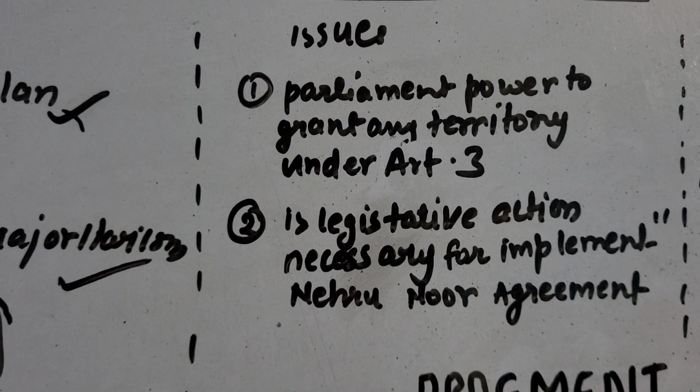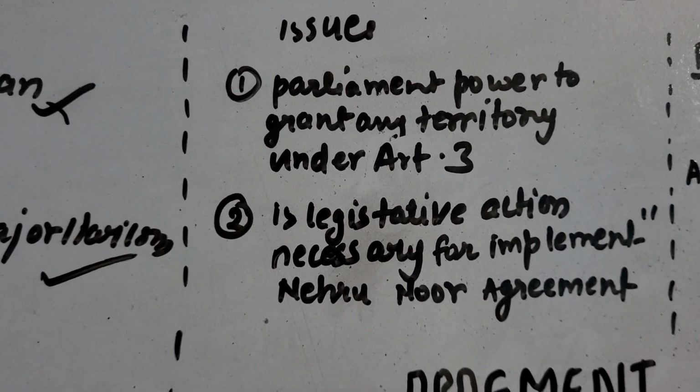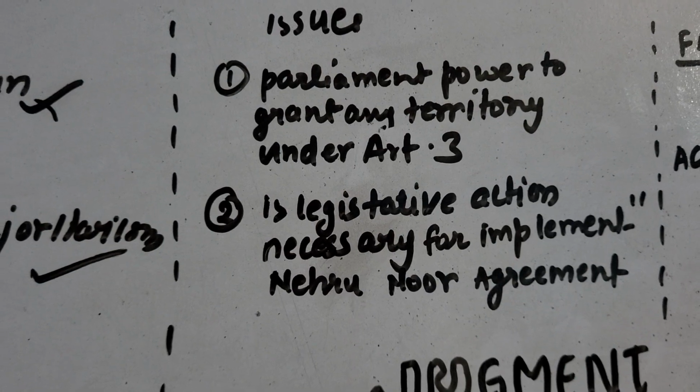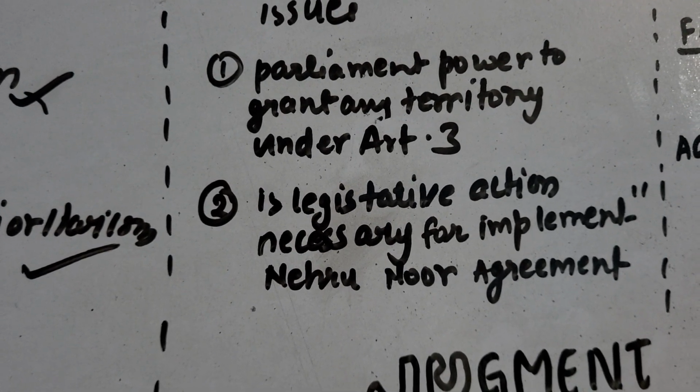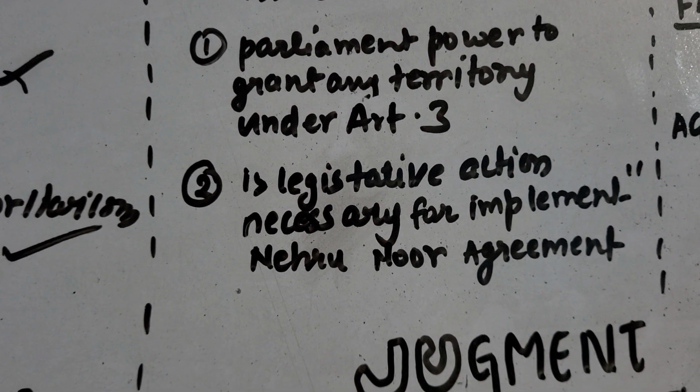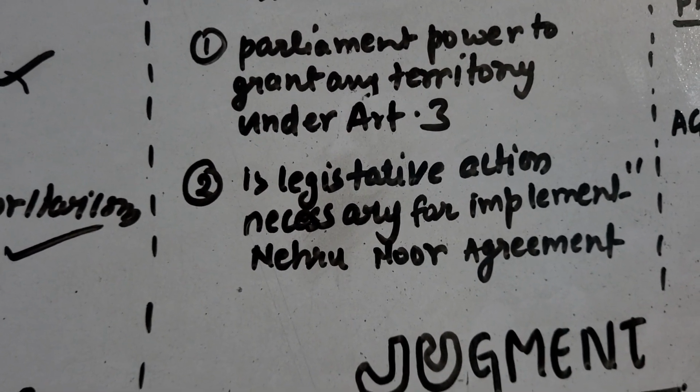So there are two basic issues. First is whether the Parliament has power to grant any territory under Article 3 or not. And secondly, is any other legislative action required for the implementation of the Nehru-Noon Agreement.